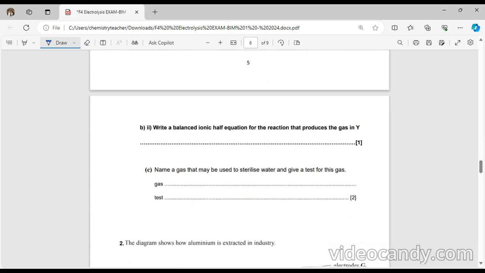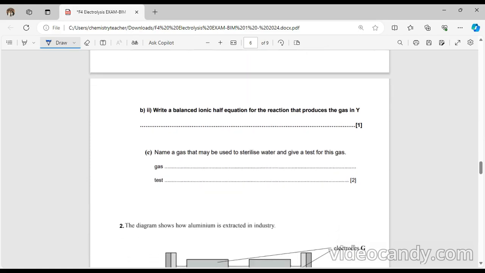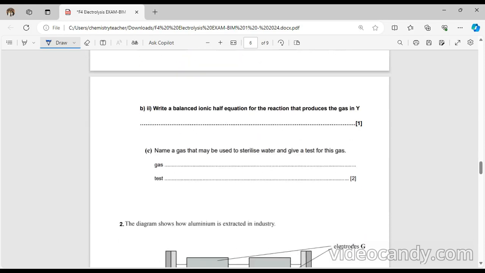Moving on, we now need to write the half equation for the reaction that produces the gas in Y. Y was hydrogen, and we should remember that hydrogen in its element form is H2. So that comes from the H plus ions. Now, we've got an H plus ion there, but it's going to form a molecule, H2 of hydrogen.